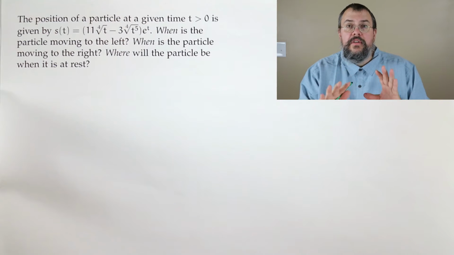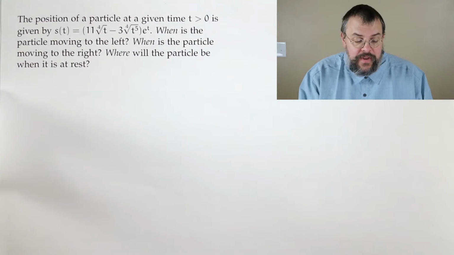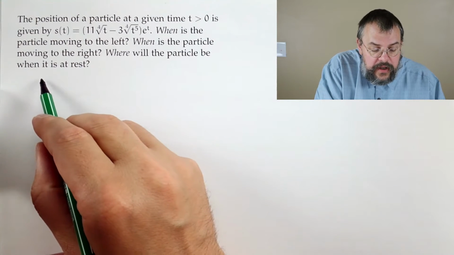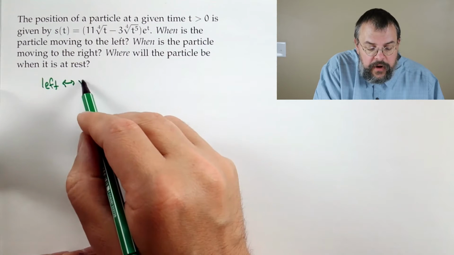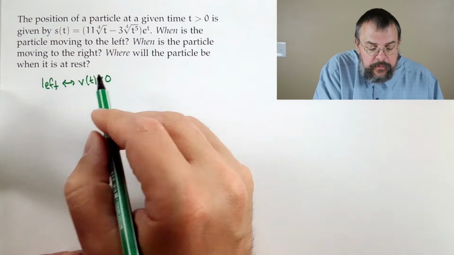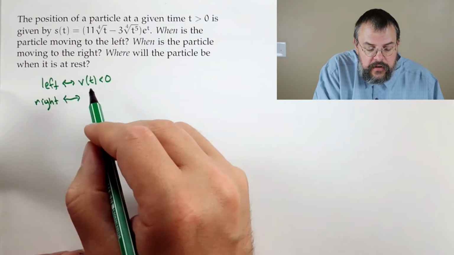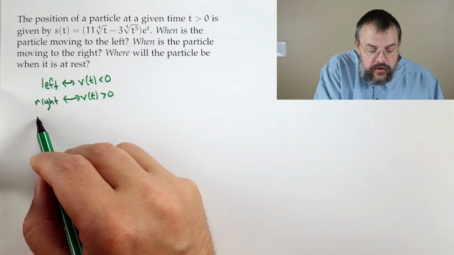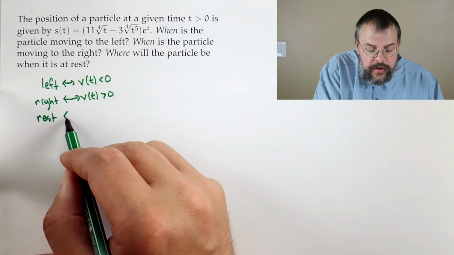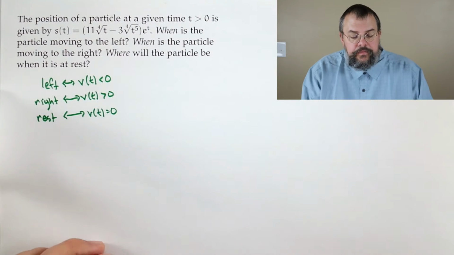So really what this question is asking in a very roundabout way is saying, well, look, left corresponds to where velocity is negative, right corresponds to where velocity is positive, and rest corresponds to when velocity is 0.